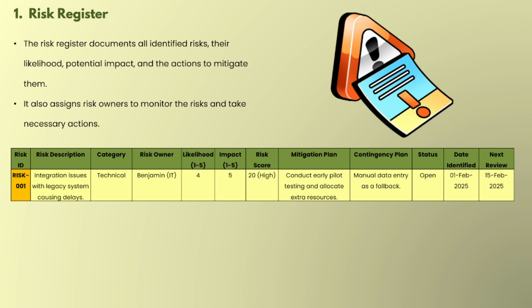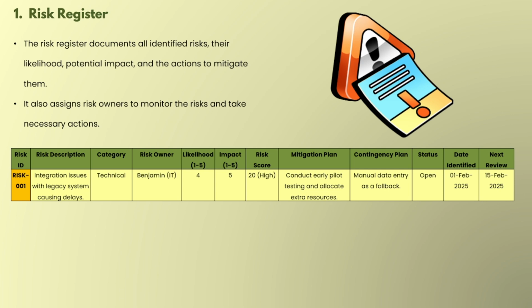Then the risk score. Now see how risk score is calculated. It is nothing but a multiplication of likelihood points and impact points. So here we can see that it is 20. 4 into 5 equals 20. So the risk score is very high. Then now a very important column here, the mitigation plan.